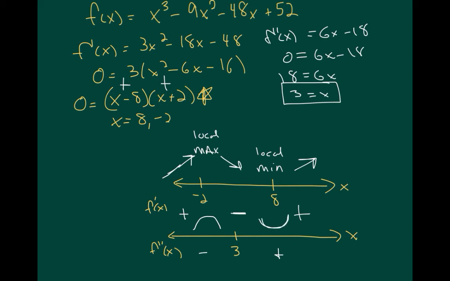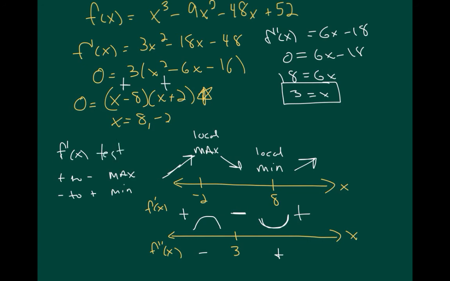Now, let's compare these two sign patterns. It confirms that by the first derivative test, since I am changing the sign of the derivative from positive to negative, I'm getting a maximum there. And when I change from negative to positive, I'm getting a minimum, just as the first derivative test tells us.